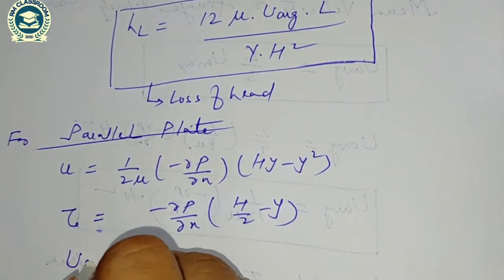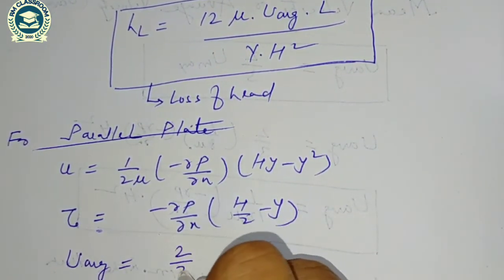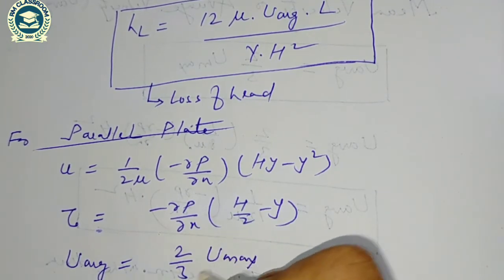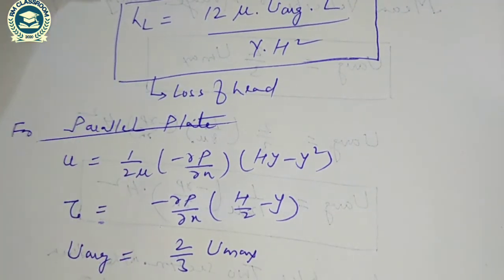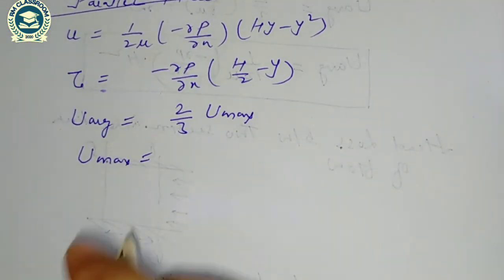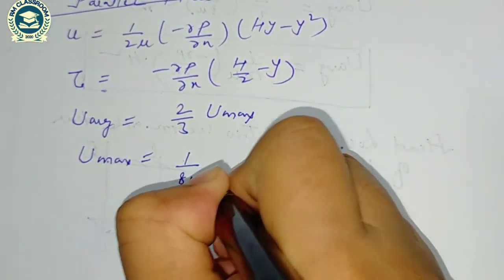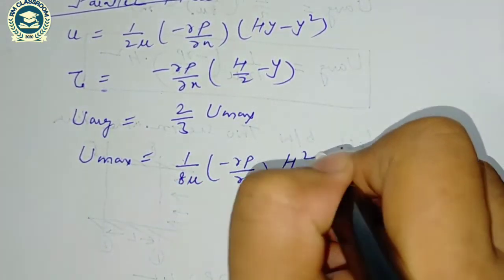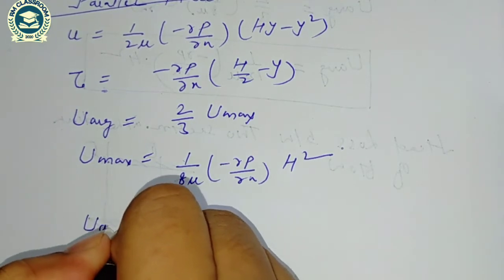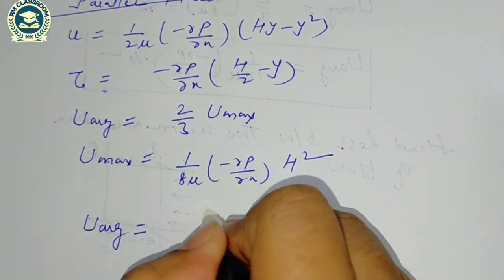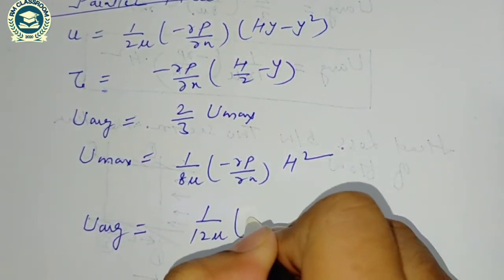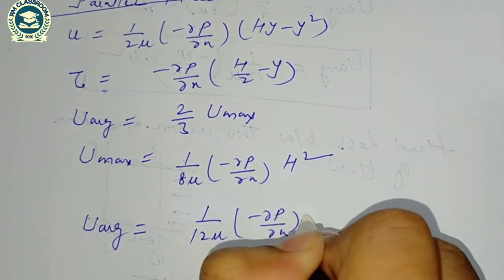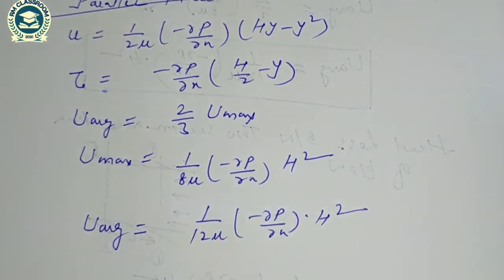Similarly, average velocity is equal to 2/3 of maximum velocity, and the maximum velocity is 1 by 8 mu into minus del p by del x into h square, and the expression of average velocity is 1 by 12 mu into minus del p by del x into h square.